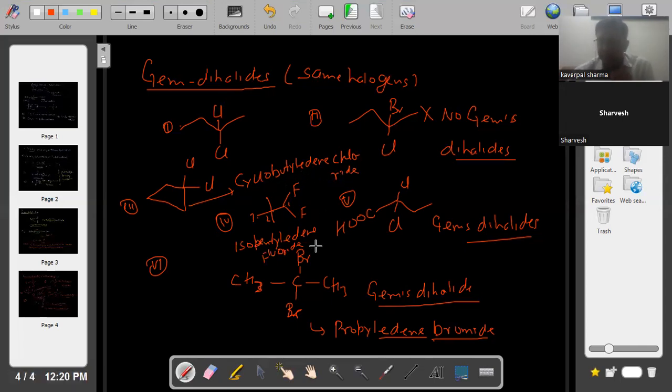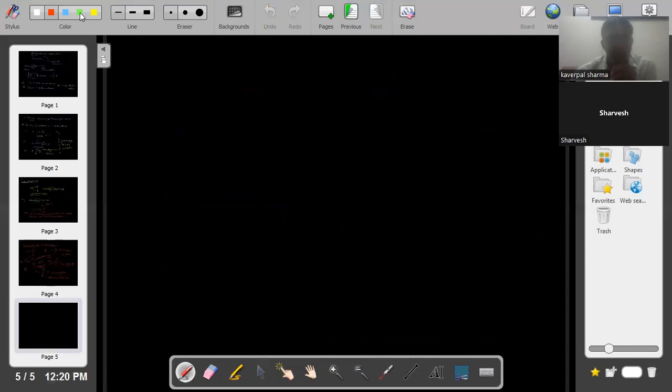Now, a question arises here. Gem dihalides are those compounds having two halogens linked with the same carbon atom. Now, in another case, vicinal dihalides, these halogens may be here or may be here, differently.